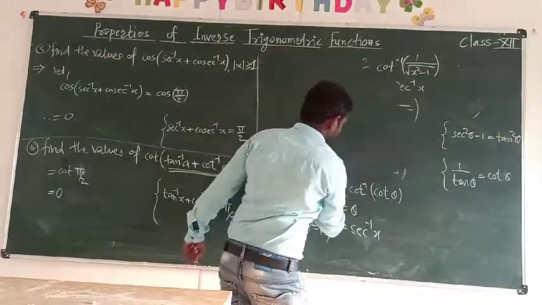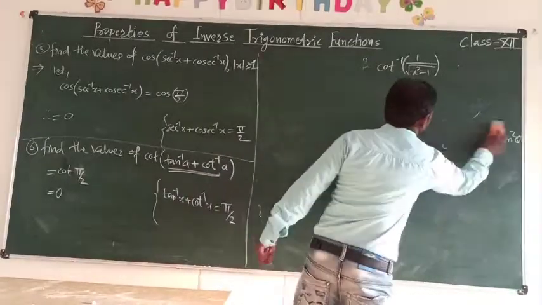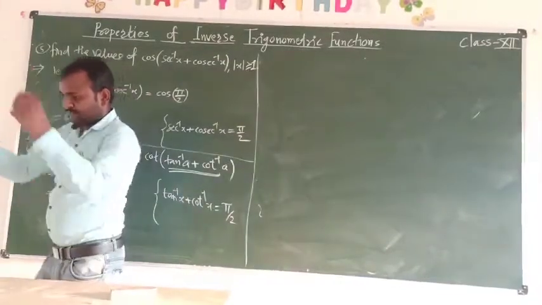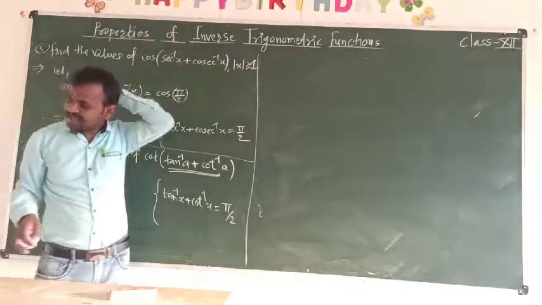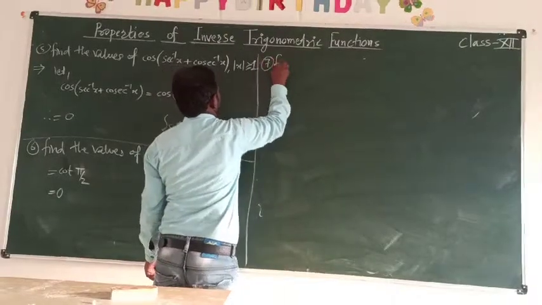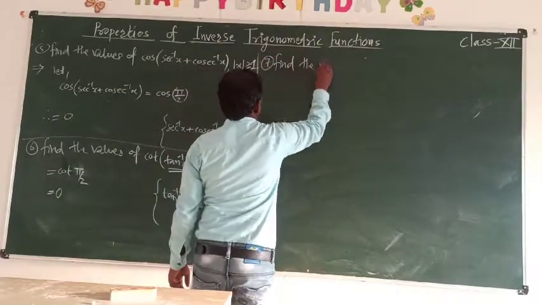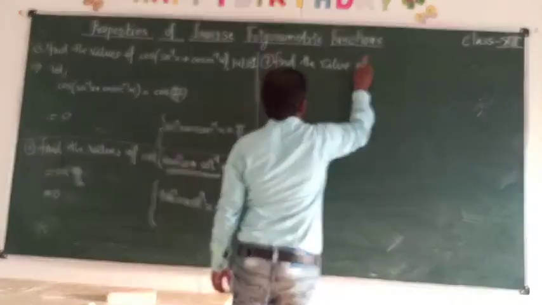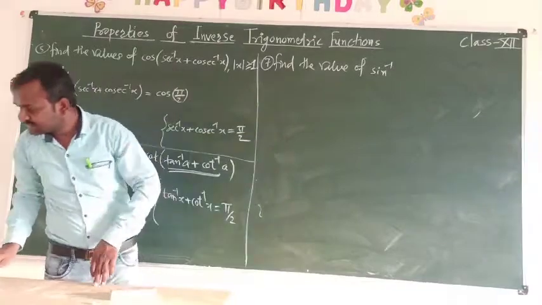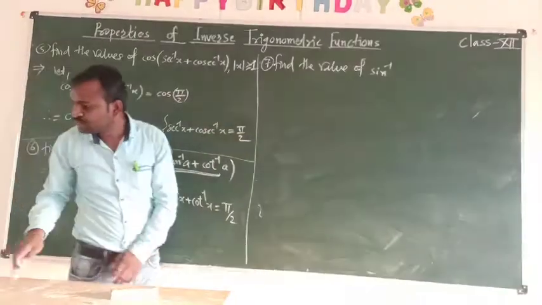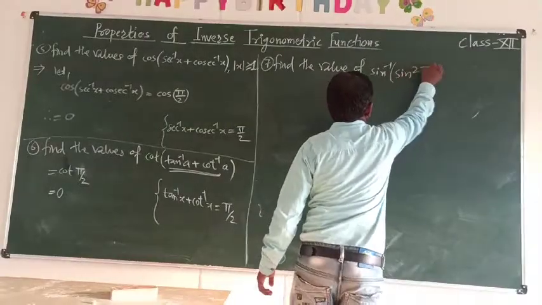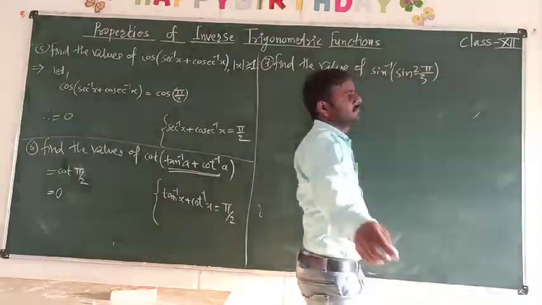Again, next one. Example number 7. Find the value of sine inverse of sine 2 pi by 3.